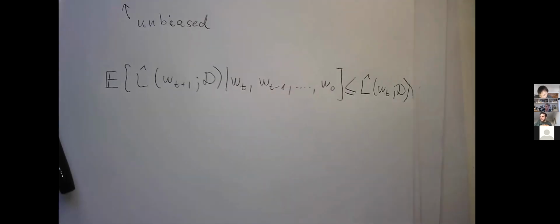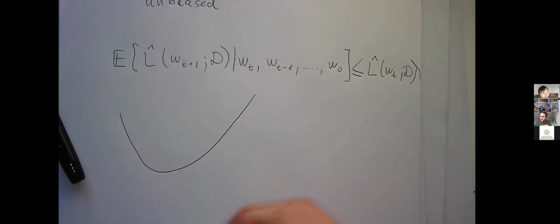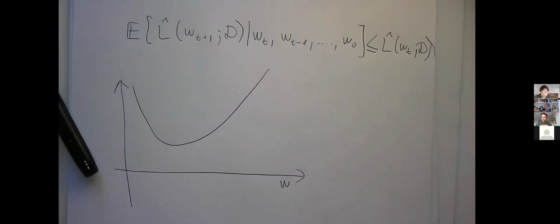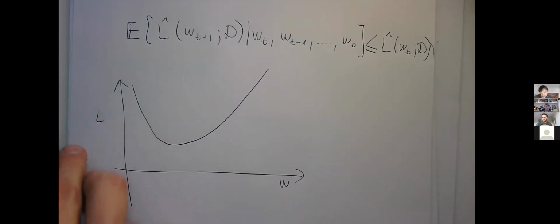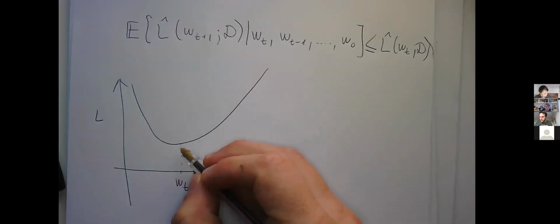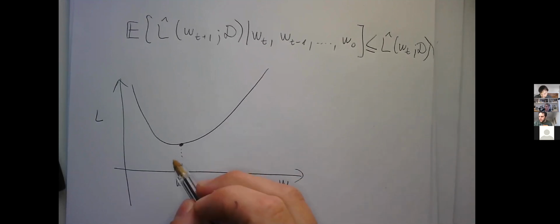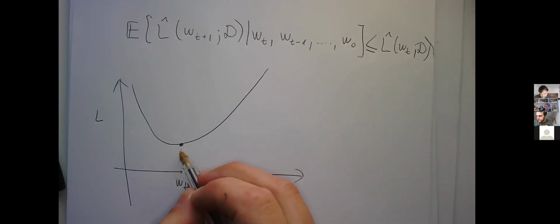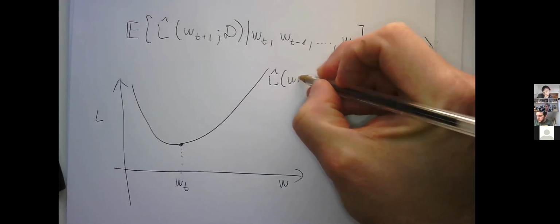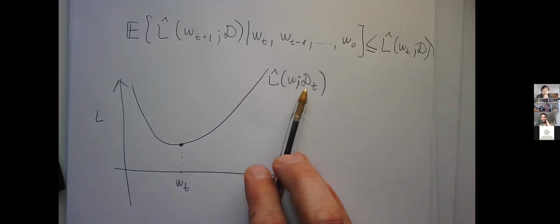If you have a loss function, I'm just going to illustrate this on a one-dimensional example. So I have, say, W on this side, and I have L on the y-axis. And this is W_t, let's say here. And this is the loss of W as a function of W on my mini batch dt.